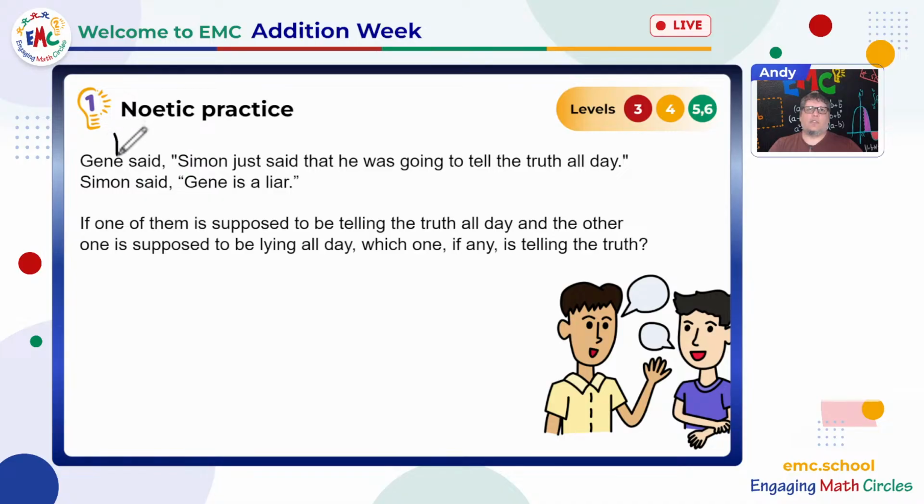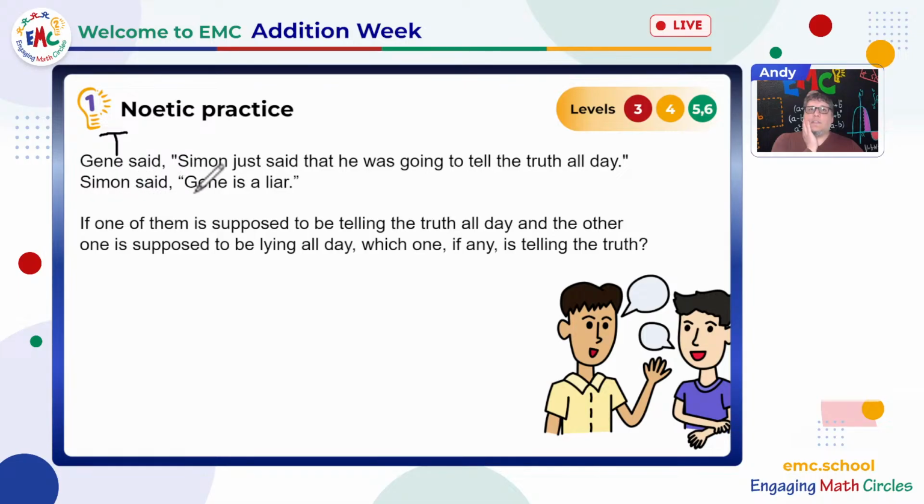If Jean is telling the truth, Simon said that he was going to tell the truth all day. If he's a truth teller, that works because Jean is going to tell the truth all day.